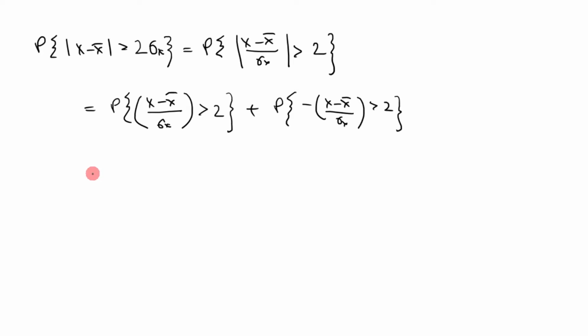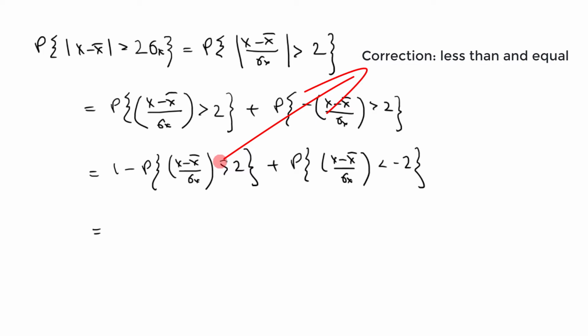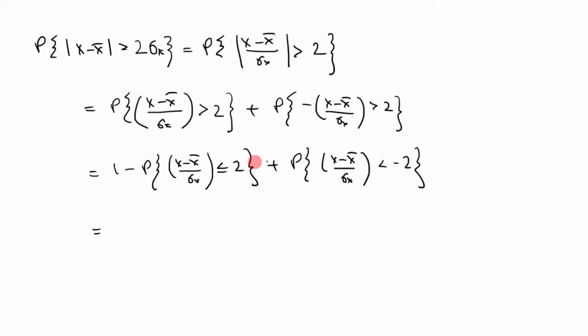So here we can represent it as 1 minus the probability of x minus x bar over sigma x greater than 2, whereas this probability can be written as x minus x bar over sigma x less than minus 2. Here, make one correction, it is less than or equal to 2.